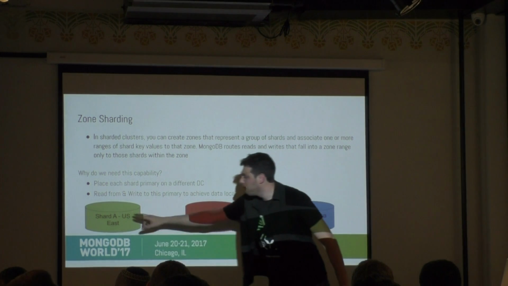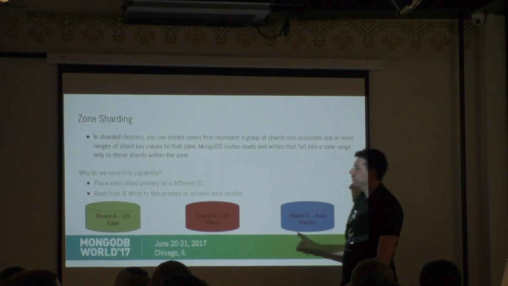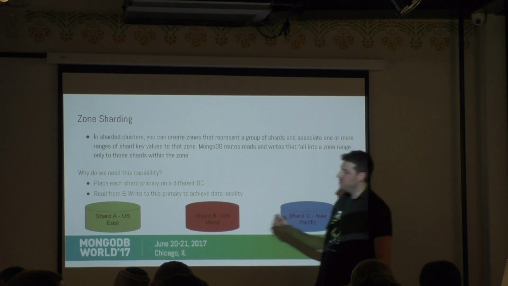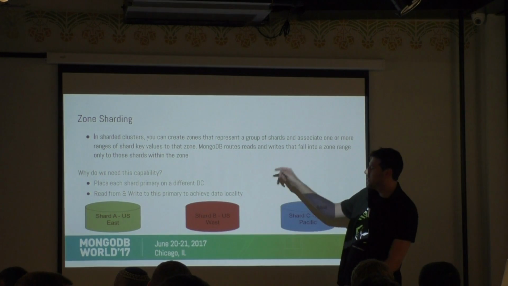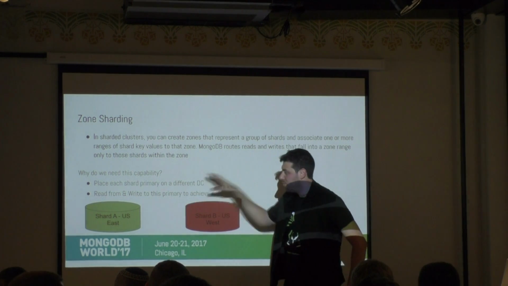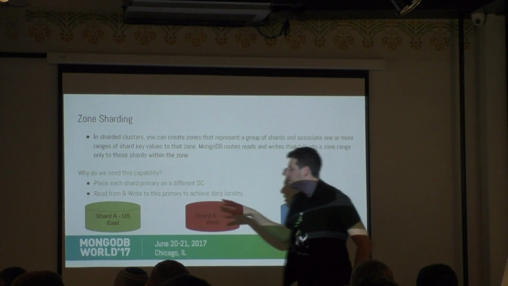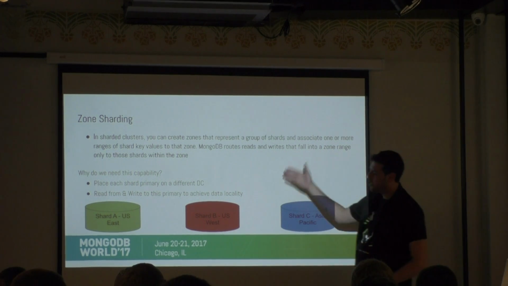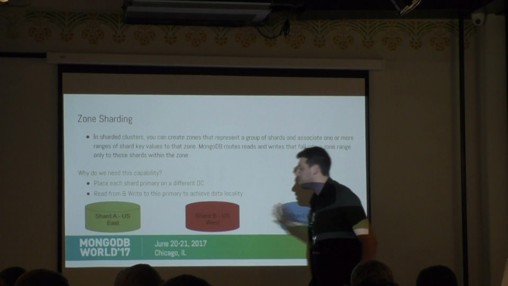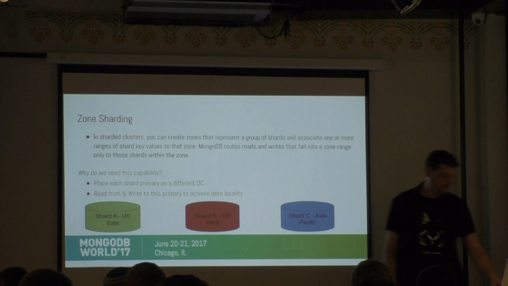This means that we will place a primary in each one of these data centers. With this capability, we can read and write data from these primaries simultaneously from a single mongos to all of these shards. So one mongos can feed all of these primaries at the same time.